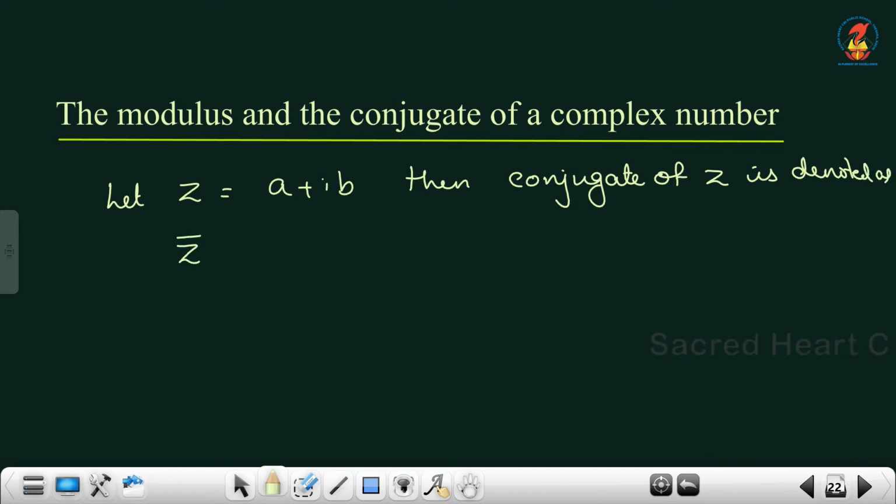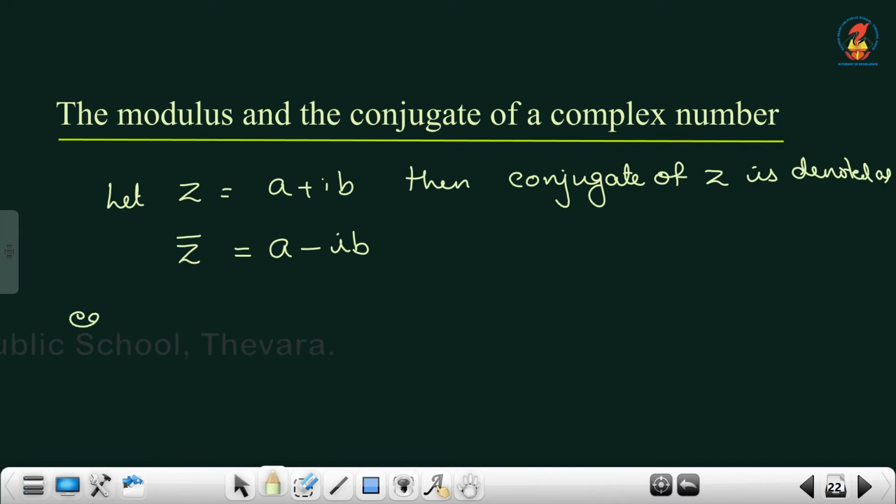That is defined as a minus ib. So if z is equal to a plus ib is a complex number, then its conjugate is denoted as z bar, defined as a minus ib.